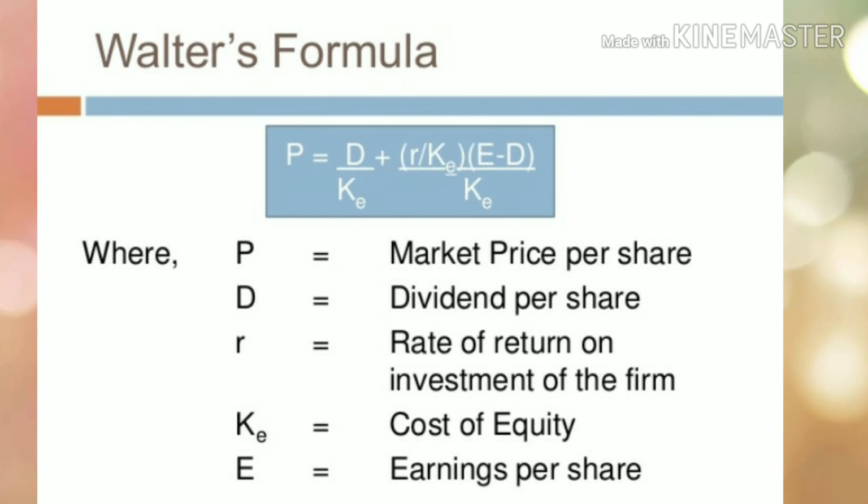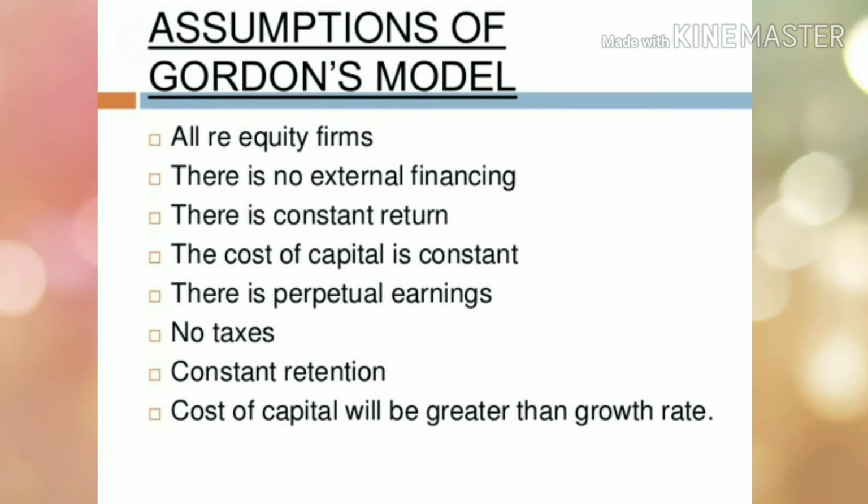Walter's formula is: P equals D by KE plus R into E minus D divided by KE, whole divided by KE. Here P is the market price per share, D is the dividend per share, R is the internal rate of return, E is the earnings per share and KE is the cost of equity capital.